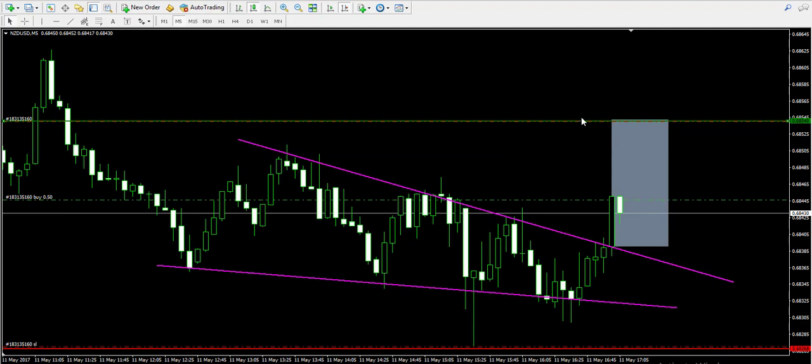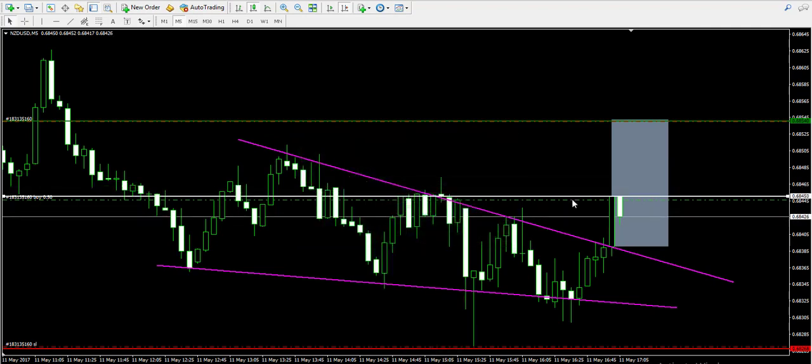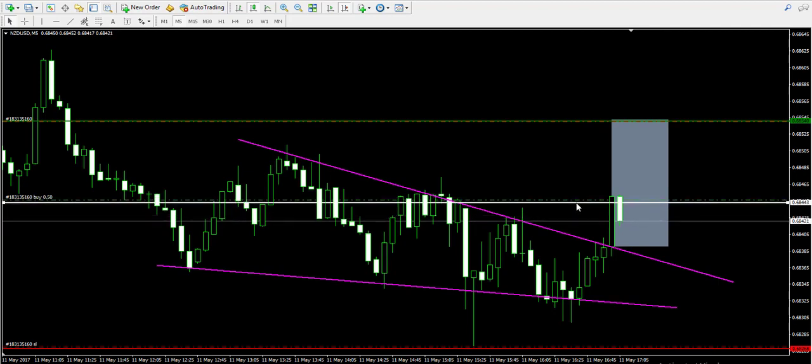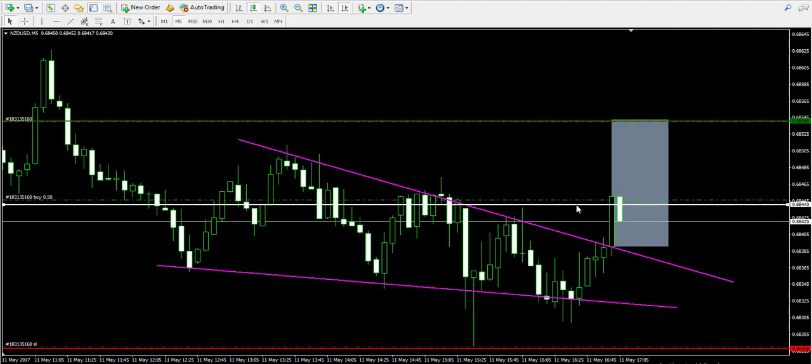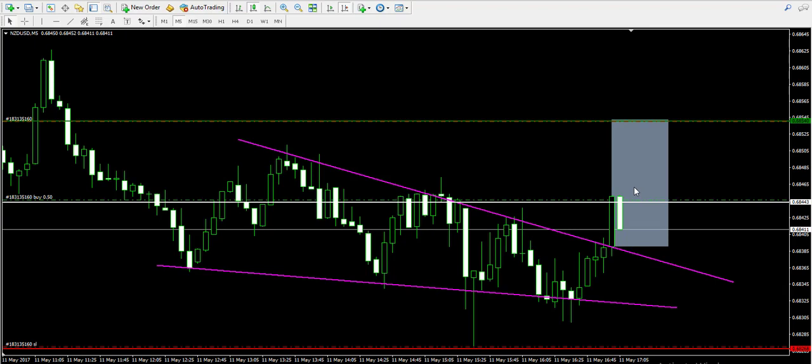Here it is. And I'm going to mark also my entry point with white, as I always do. Okay, now I have all my levels on the chart.